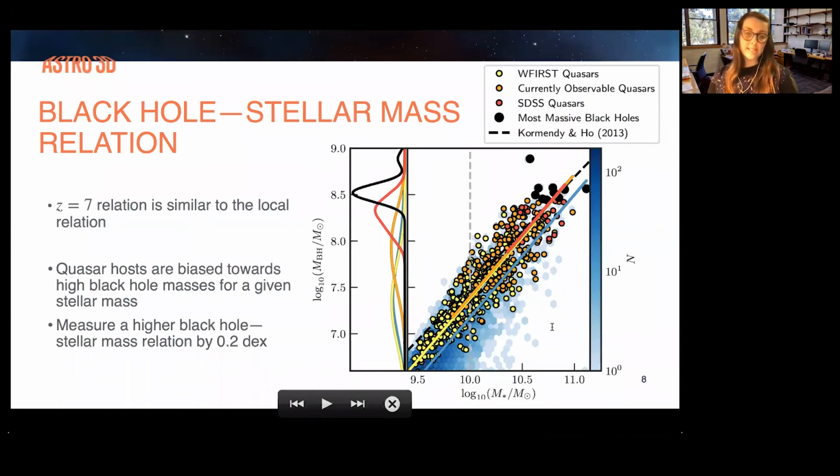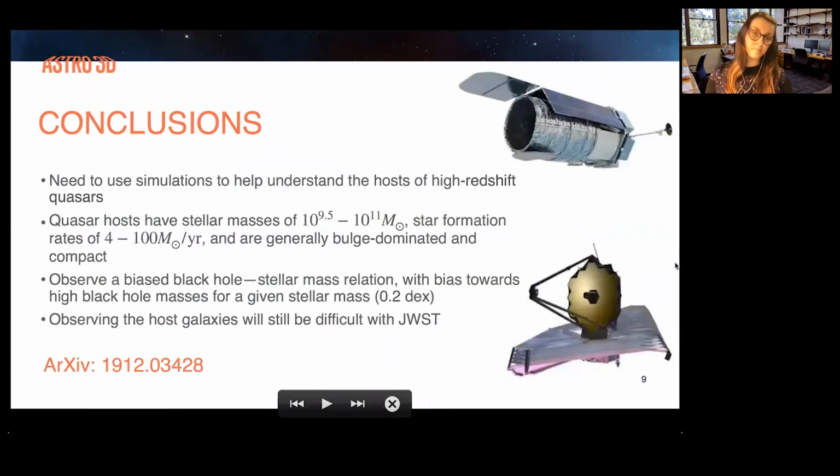And so what you can see is that the quasar samples are biased to having a high black hole mass for a given stellar mass. And so what this means is if you observe a sample of quasars at high redshift, you will measure a black hole stellar mass relation biased by 0.2 dex. So that's just something that needs to be accounted for when you're actually making these kinds of observations.